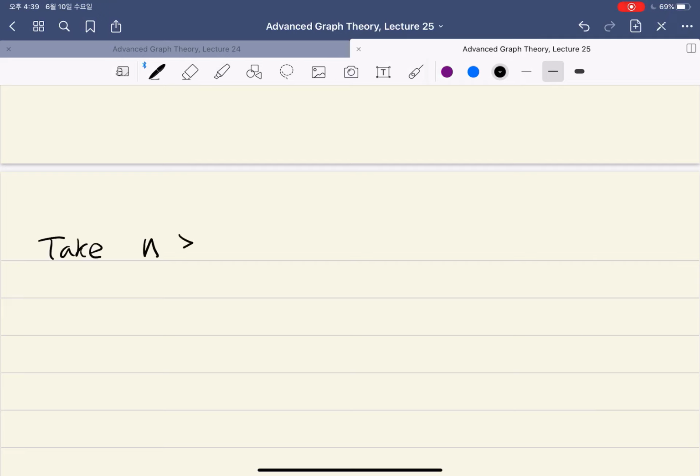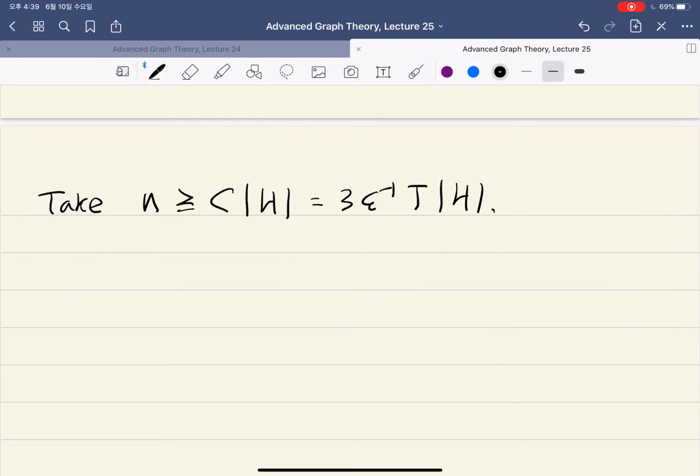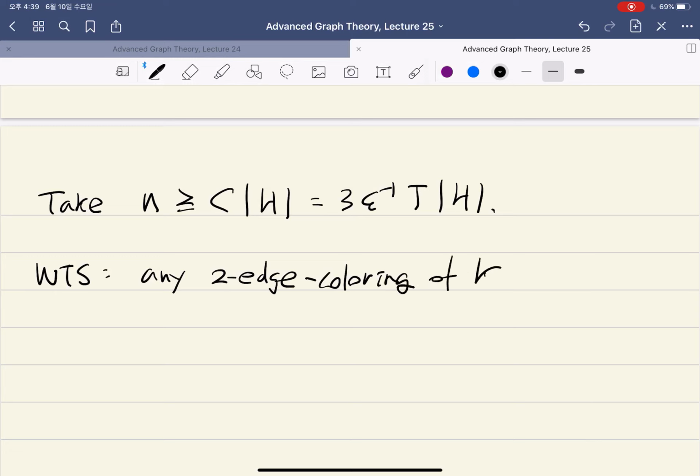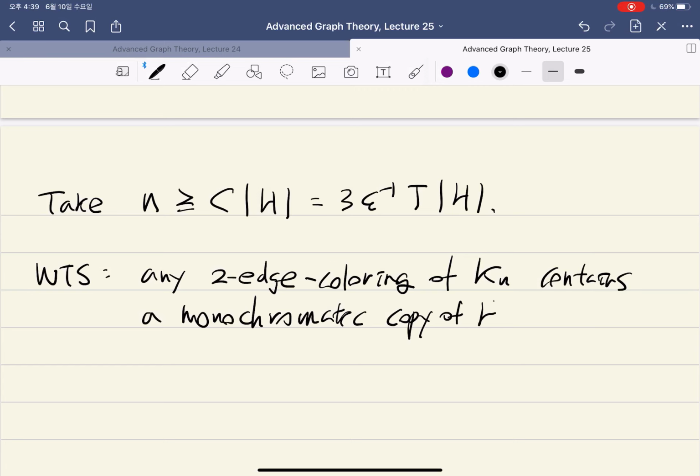So take n to be C times the number of vertices in H. And we want to show that any 2-coloring of K_n contains a monochromatic copy of H.